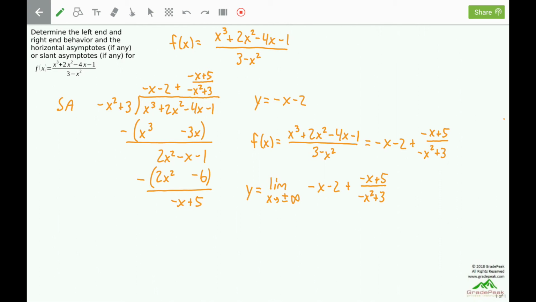Since the power in the remainder term in the denominator is higher than the power in the remainder term in the numerator, the remainder would go to 0 as x approaches positive or negative infinity. And the result is negative x minus 2. And therefore, f of x has a slant asymptote of y equals negative x minus 2.